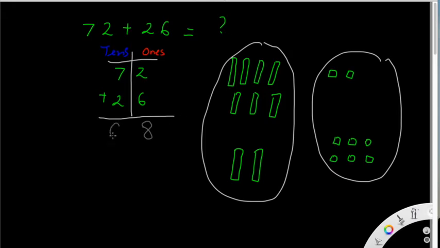So now I know. I'm going to erase the red question mark. 72 plus 26 equals 98. Isn't that amazing that we use our drawings to represent the base 10 blocks to solve our problems?